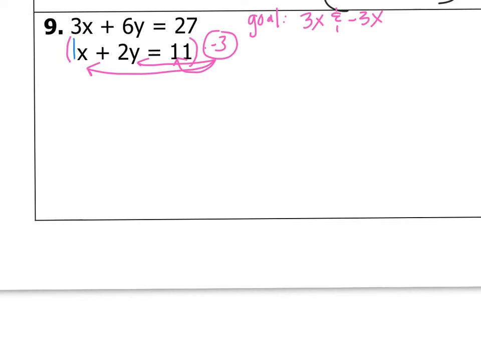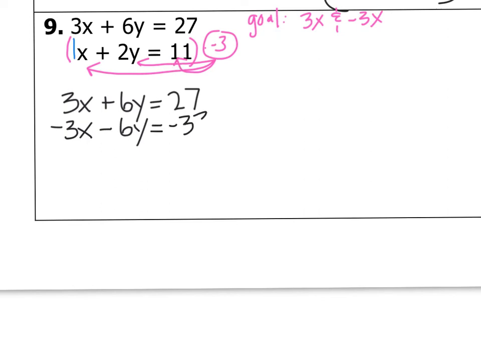So the first equation won't change. 3x plus 6y equals 27. And my bottom equation, I do negative 3 times 1x for negative 3x. I do negative 3 times 2y for negative 6y. And I do negative 3 times 11 for equals negative 33.